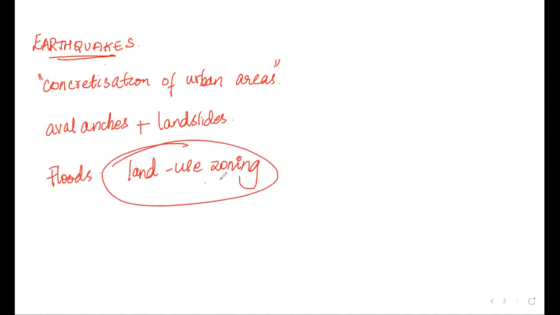Suppose I have a Himalayan region which is prone to earthquakes or landslides or anything, make sure that you are not pumping more and more money into that region and constructing big dams, resorts or railway tunnels. No, it's already a fragile region. Stop constructing. That's what we call land use zoning. We need to know where we can construct in certain places.